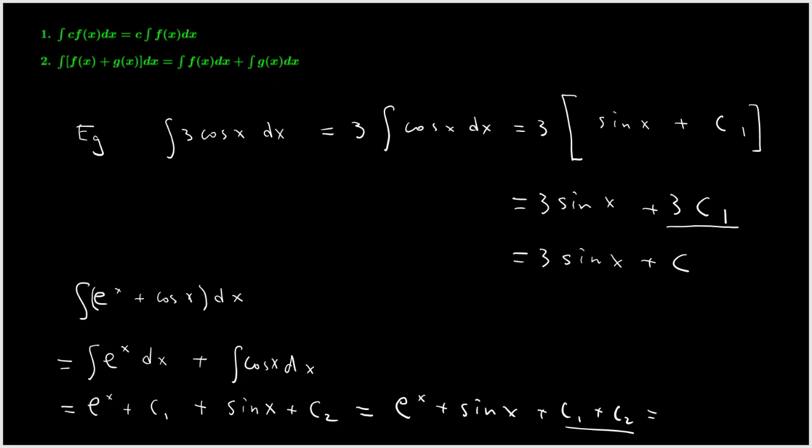So the final answer is e to the power of x plus sine of x plus c. By default, c is an arbitrary constant. You do not have to state that.